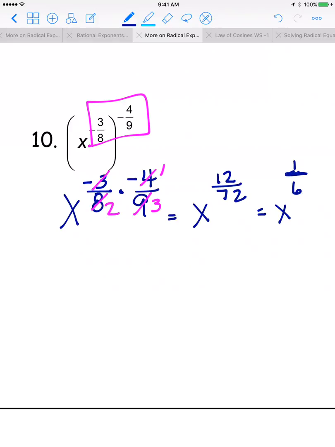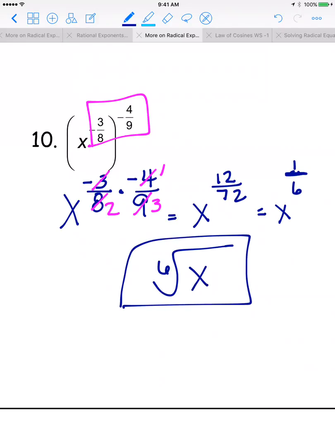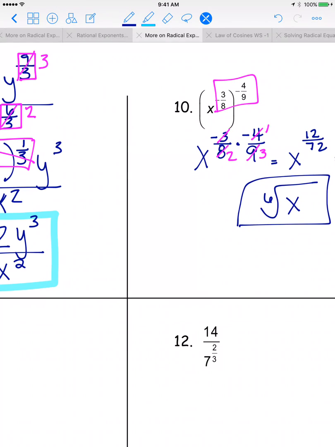So we have 1/6. So if I wanted to rewrite that as a radical, I would say the 6th root of x. Hopefully that makes sense to everybody. If not, please come see me before or after school and I can clarify.